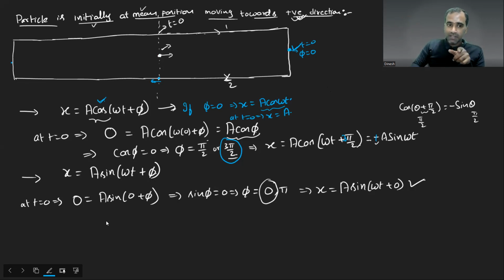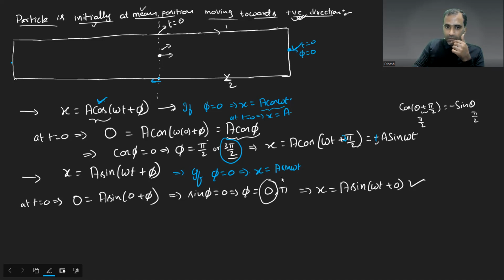Whereas when you're talking about phase 0 here, if phi is 0, what is displacement? A sine omega t. If you take the initial phase as 0 and you're taking a cos signal, then it means the initial displacement is the extreme position. Whereas when you're taking the sine function, and the phase is 0, the displacement equation is given as A sine omega t.